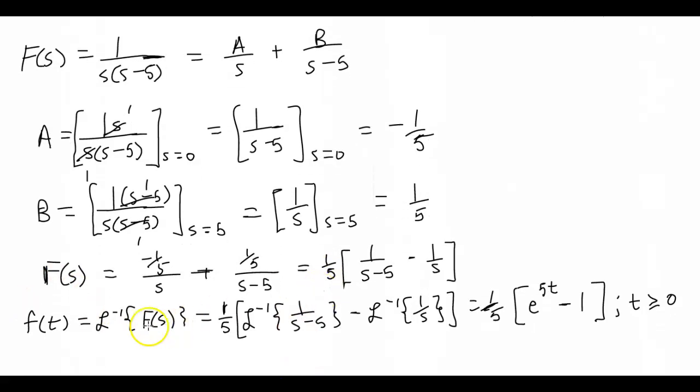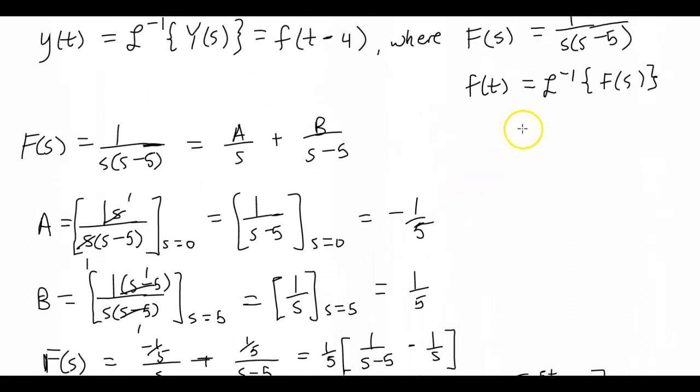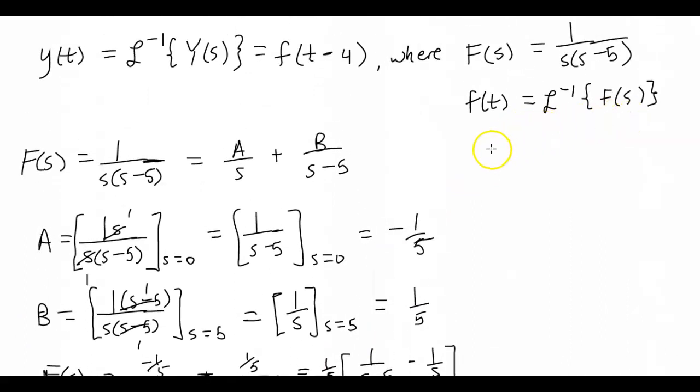So now that we have what little f of t is, we know that what we're going to have to do is do that shift. So what we actually need to find out is what y of t is, which is just f of t minus 4.